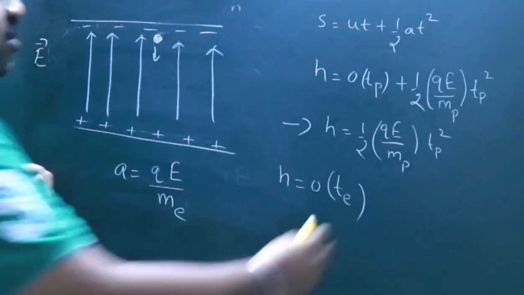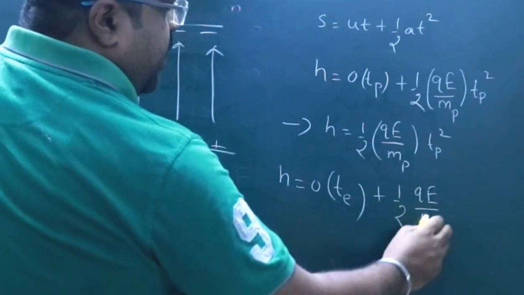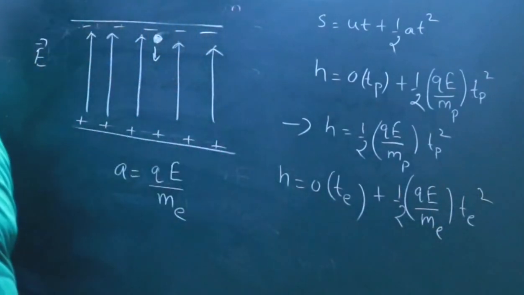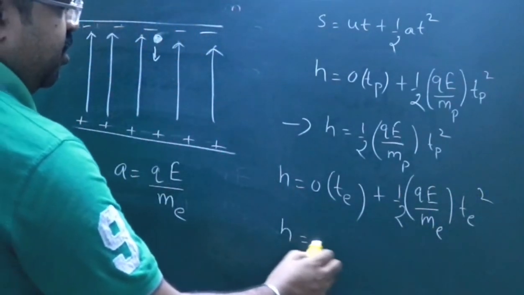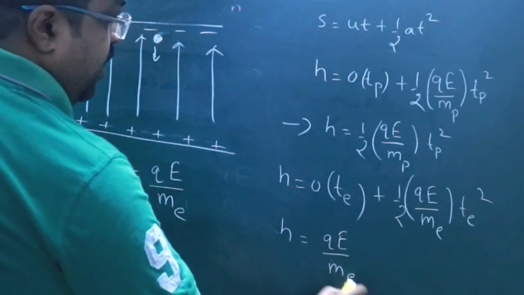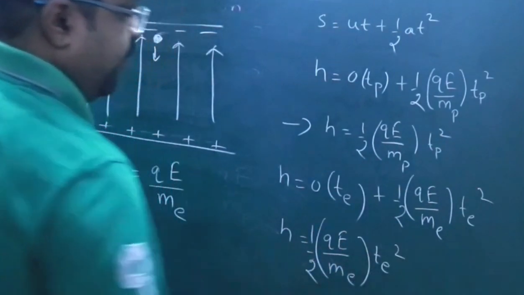So this is the acceleration. So this is half QE by ME Te square. Okay, so H is equal to half QE by ME Te square.